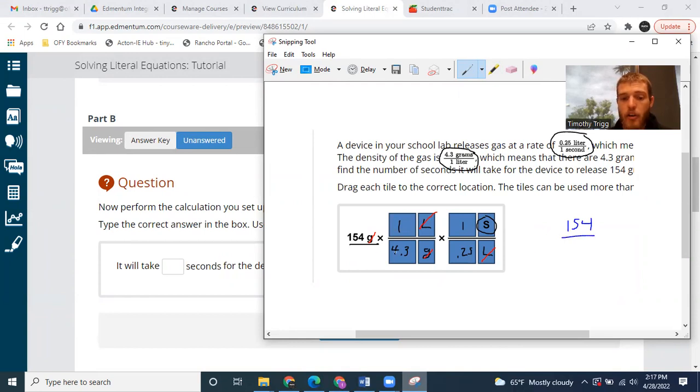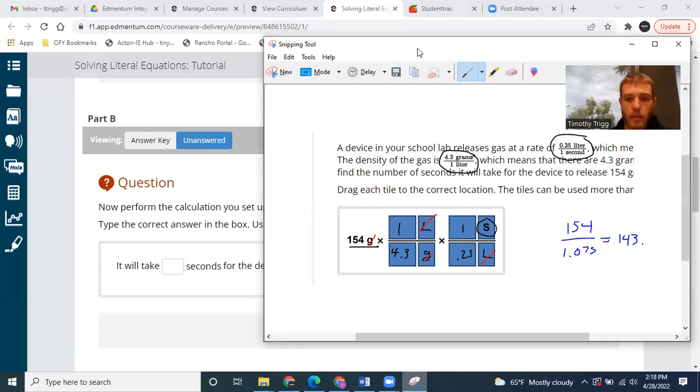And then in the denominator, you multiply 4.3 times 0.25, giving us 1.075. Just divide these, giving us 143 point, let's see.